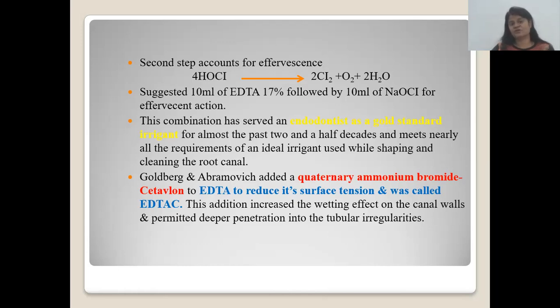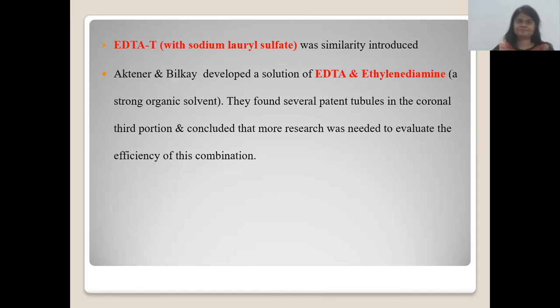Goldberg and Abramovich added quaternary ammonium bromide to EDTA to reduce its surface tension, and it was called EDTAC. This addition increased the wetting effect of the EDTA in the root canal and permitted deeper penetration into the tubular irregularities.